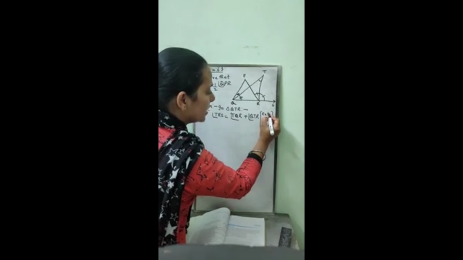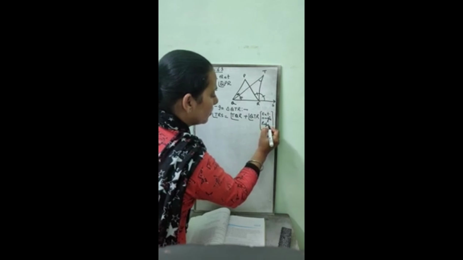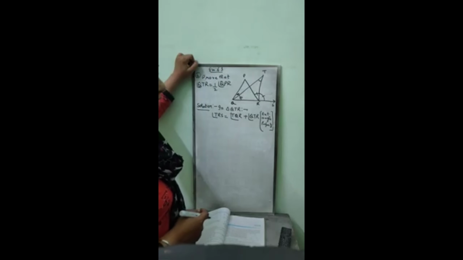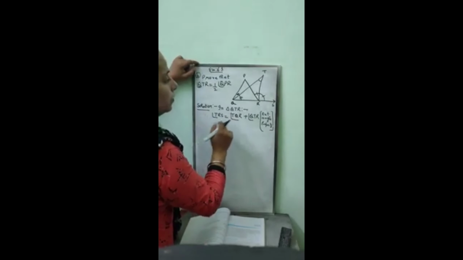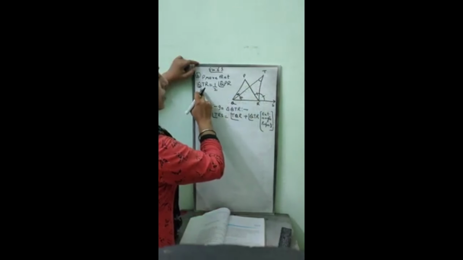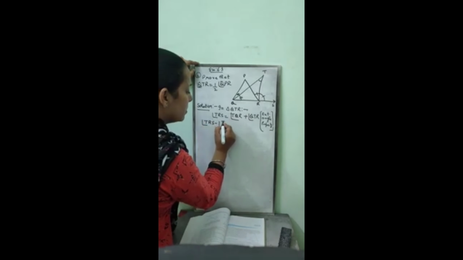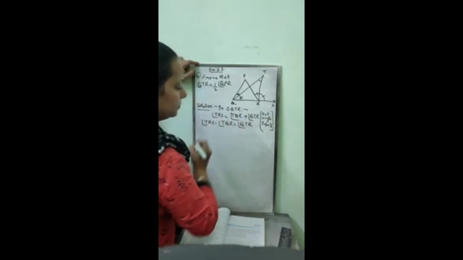We have used the exterior angle property. Students, in this sum, the exterior angle property is used twice. One for this triangle, other for this triangle. Clear? Now, we will find the value of QTR. It means PQR will come to this side. Here only QTR will be left. Clear?